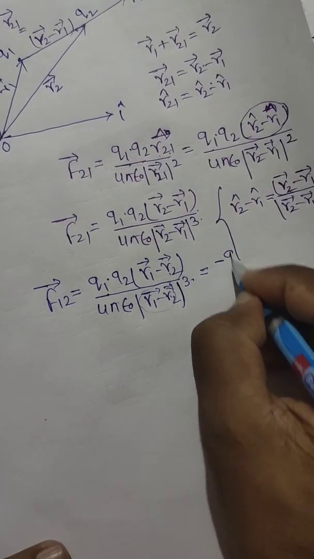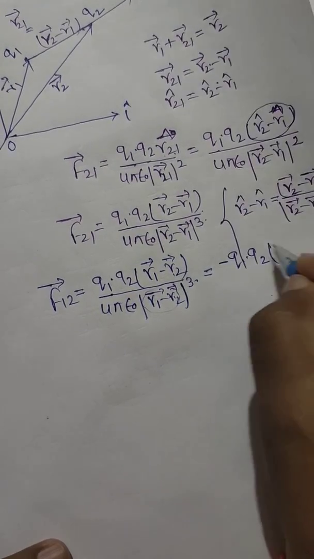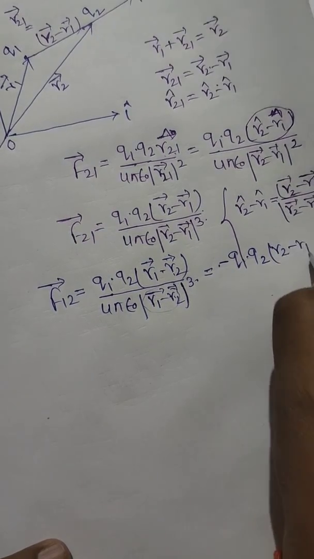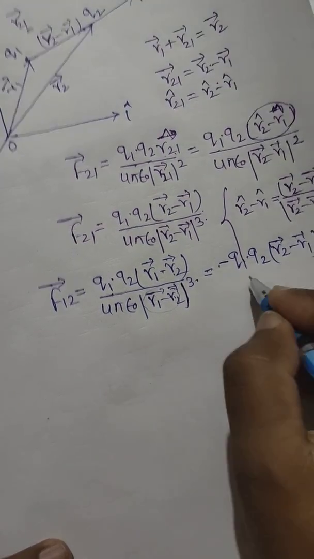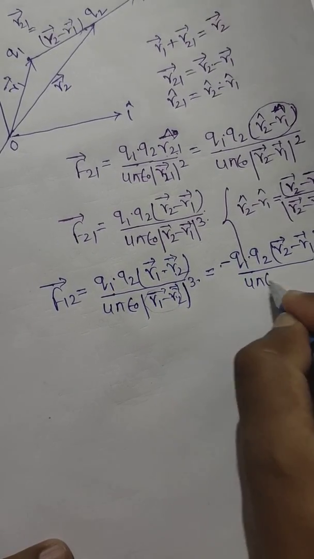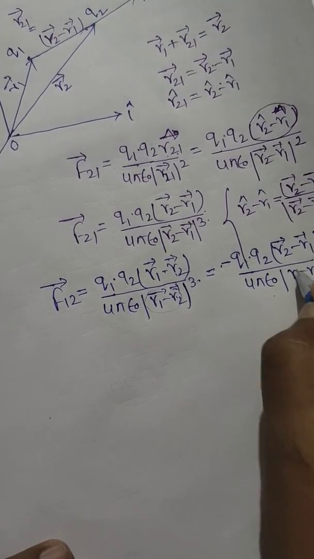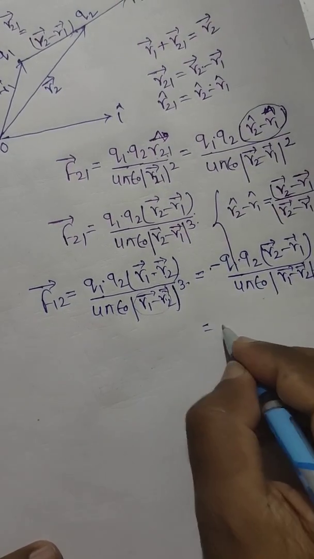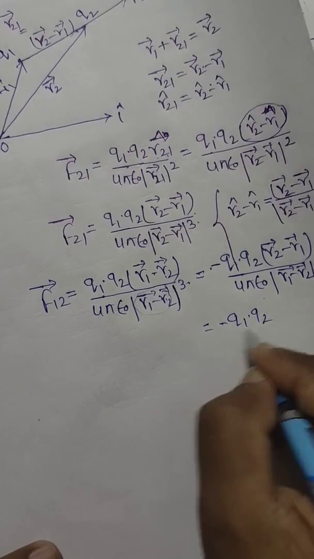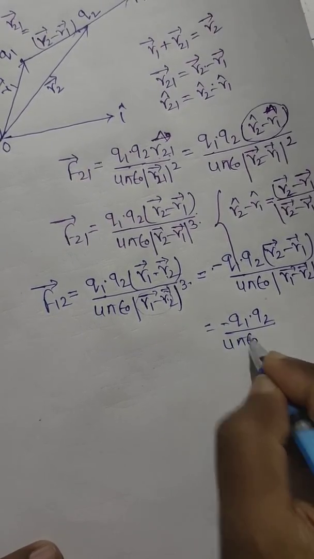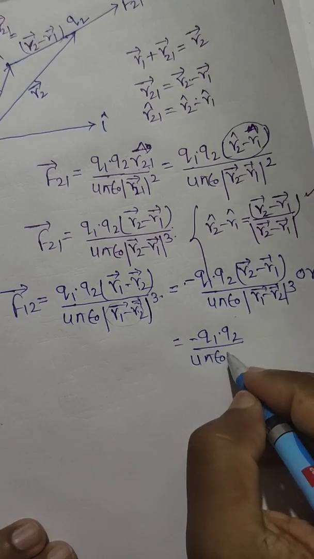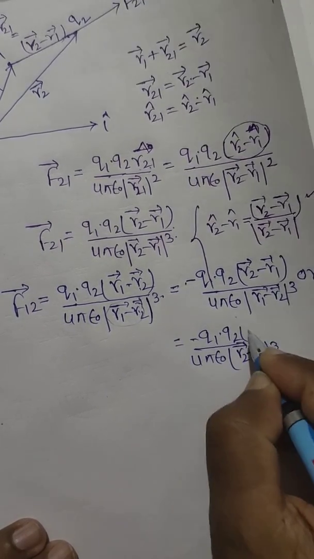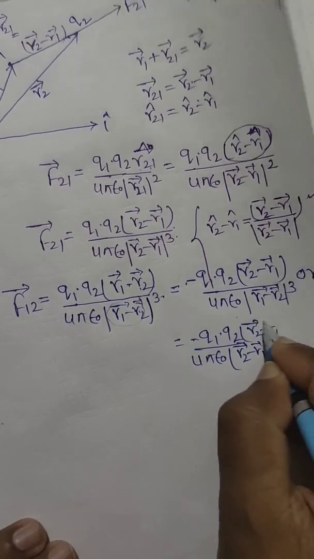This is the magnitude, that's why there is no direction, and in this case we can write it in this form: minus Q1 Q2, we can use the minus to change the direction, R2 minus R1 upon 4 pi epsilon naught R1 minus R2 cube, or minus Q1 Q2 upon 4 pi epsilon naught R2 minus R1 cube, with R2 minus R1 vector.